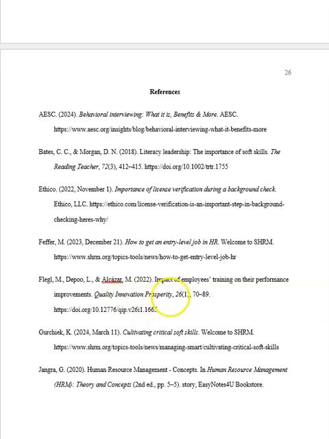Quarterly Innovation Prosperity is the name of the publication, which is in italics, and the name of the publication is not Impacts of Employee Training on Their Performance and Improvements. That is the article title, which is not in italics. And again, you have the publication number. These are the page numbers and the issue number.